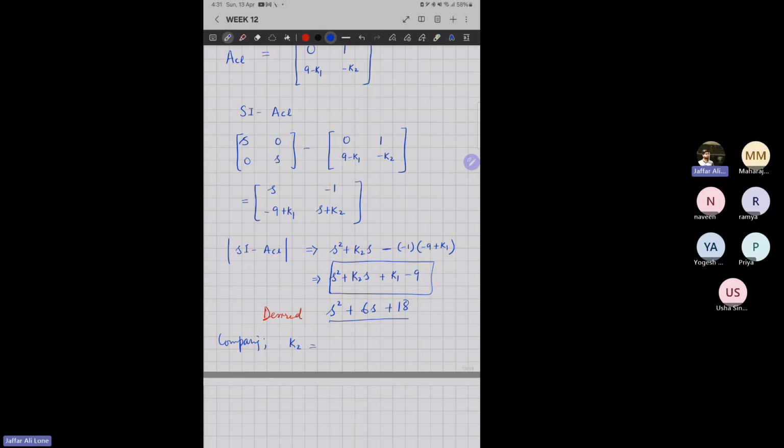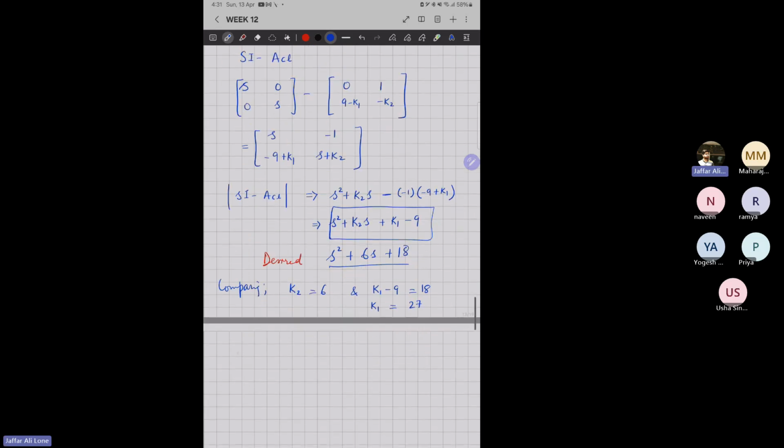K2 is equal to 6 and K1 minus 9 is equal to 18. It means K1 is equal to 27. Therefore, it implies my K, which is K1 and K2, is equal to 27, 6.